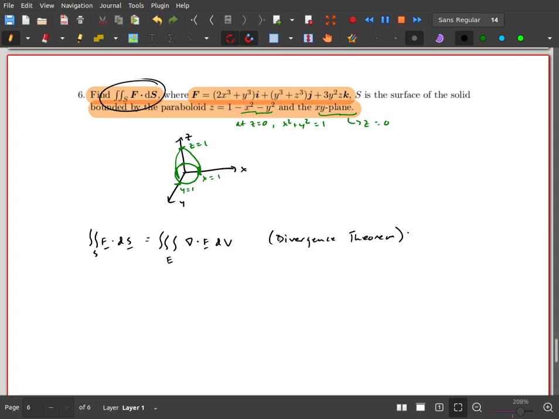So that's the divergence theorem. Okay, so if we want to use the divergence theorem, what do we need? We need the divergence of f, and then we'll need to figure out what the integration limits are. So let's do the divergence of f first, and we'll figure out the integration limits in a bit.